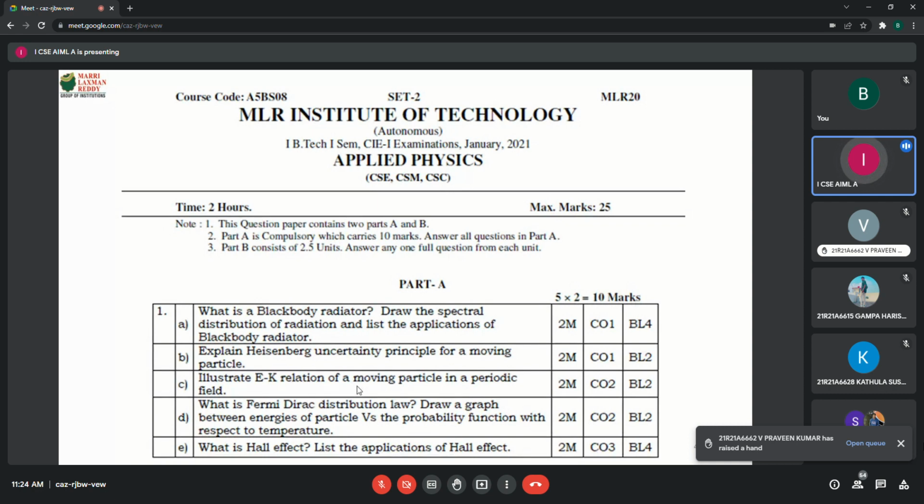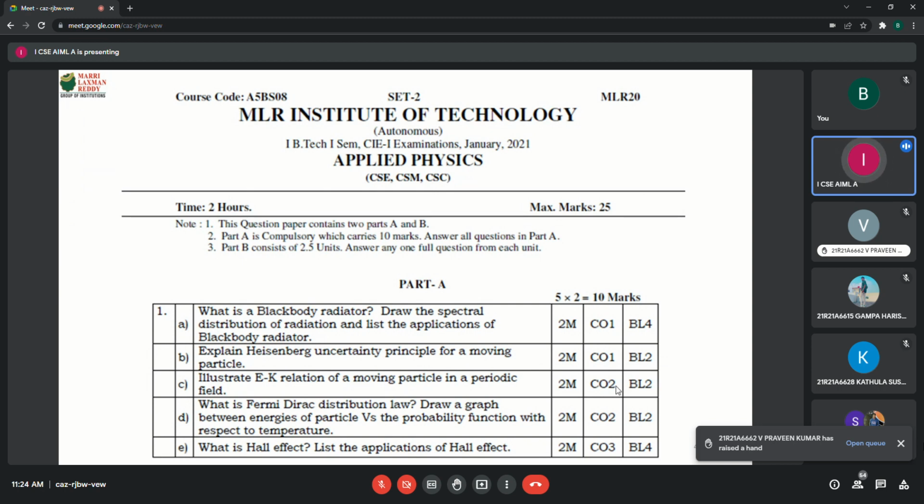How you come to know whether it is unit 3 or 2 is given here itself. In unit 3, the E-K graph explains the properties of direct and indirect band gap semiconductors. There is one diagram with the conduction band and valence band, where an electron directly falls down and occupies the hole position.